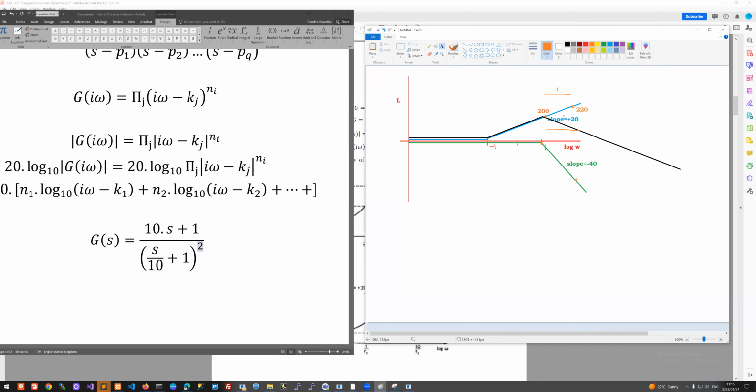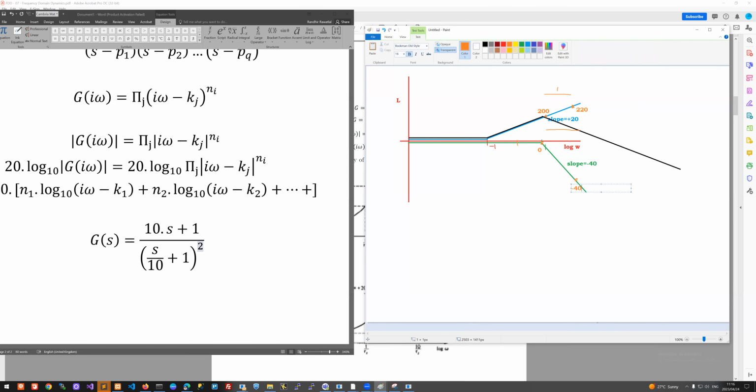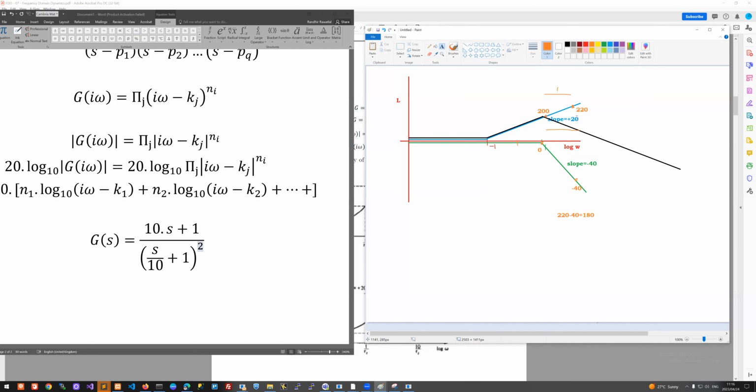The slope is 20, and the distance is 1. So that's an increase of 20 there. Down here, your value is 0, and your slope is minus 40. So this value is going to be minus 40. So if we add these two numbers together, it's 220 minus 40 equals 180. So our new value is 180.